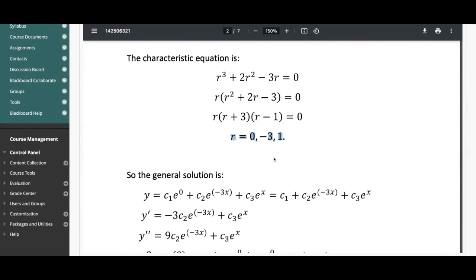Can I think of R1 as negative 3, R2 as 1, and R3 as 0? Of course, no problem at all. So when we solve for C1, C2, and C3, it's the same thing? Same thing. Those are just variables. All right. Thank you. You're welcome. Any other questions?